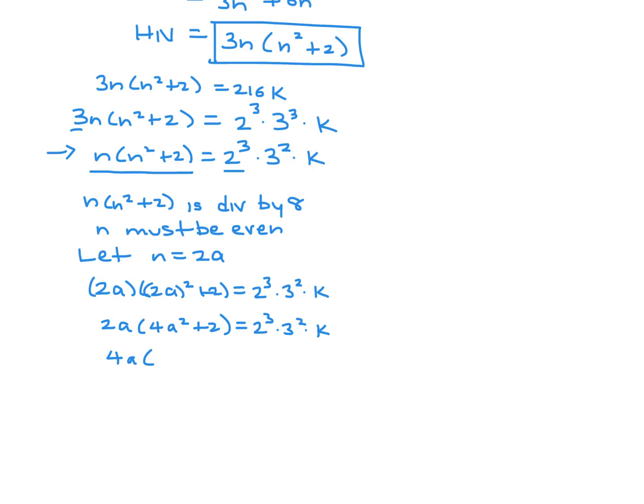Carefully, if I take out a 2, that becomes 4a times 2a squared plus 1, which is 2 to the power 3 times 3 squared times k. Okay, so that means that n actually can also equal 4a. So that means that n is divisible by 4. Okay, that's a pretty good finding.